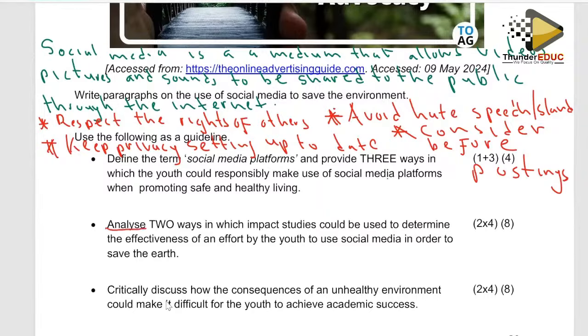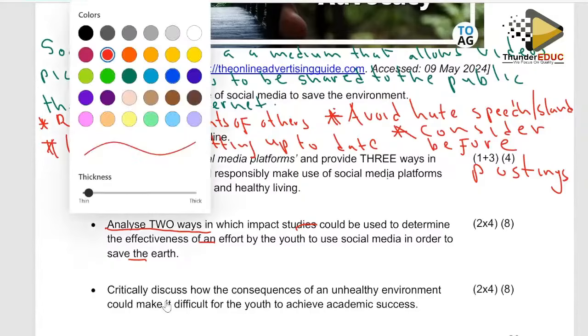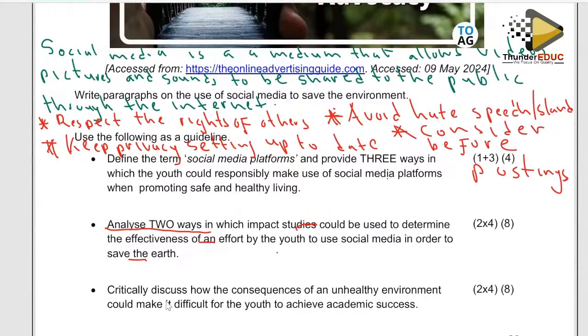Now, the next question says, analyze two ways in which impact studies would be used to determine the effectiveness of an effort by the youth. Impact studies, how can they be used to determine the effectiveness of an effort by the youth to use social media?